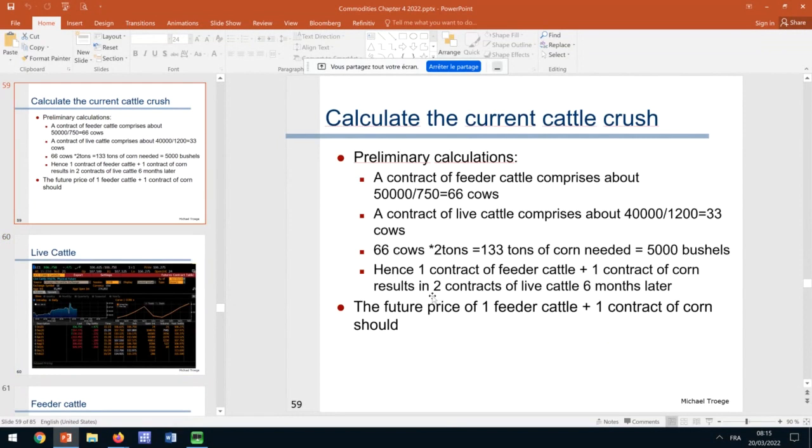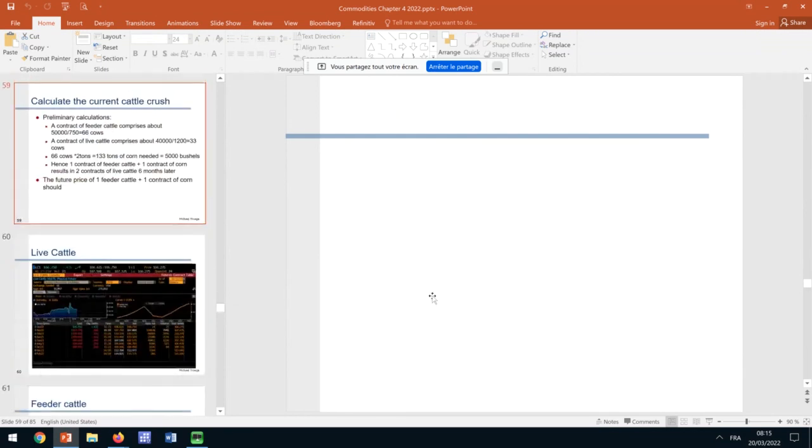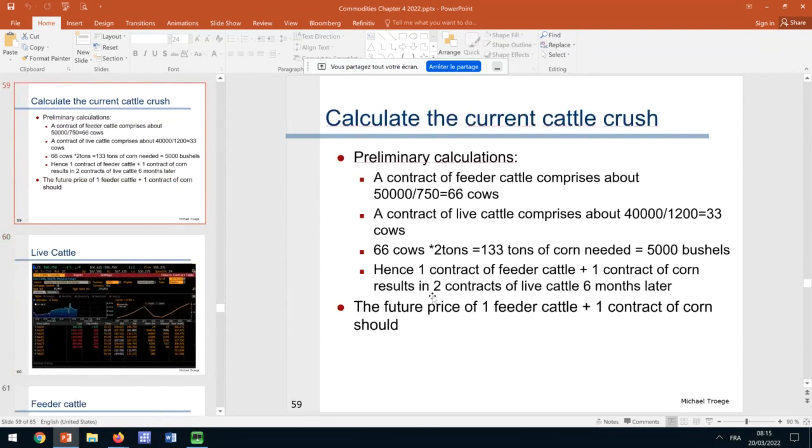Of course, there are other costs. You need land, you need wages, you need energy. So we need to factor that in as well, but that's not something we can do. But if we have an idea of how profitable this should be, and we see that this cattle crush or cattle spread is very high, we can place a bet on these prices realigning.